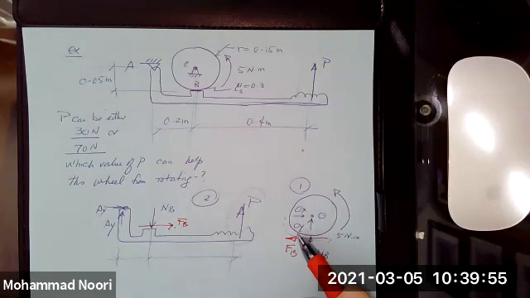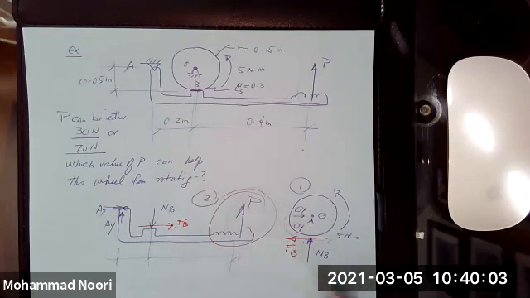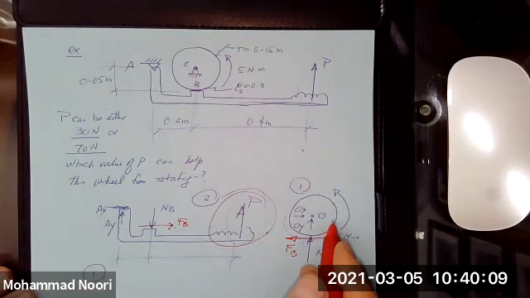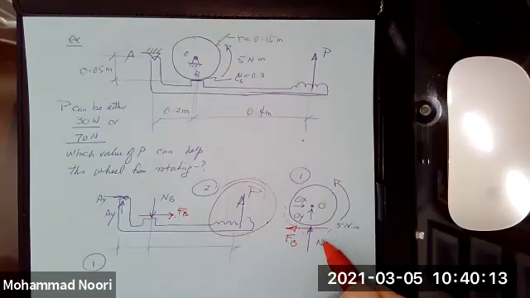Do not waste your time finding all the unknowns. Only focus on what the problem is asking you to find, which is P. So this is what I do. I will start with free body diagram number one, and in this one, all I do is try to find this friction force, okay?